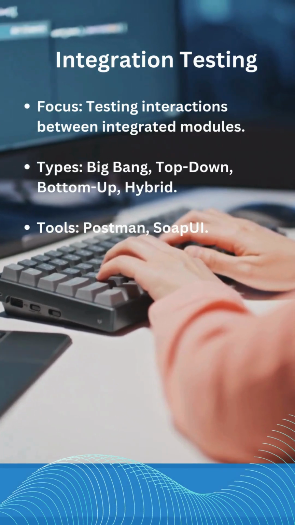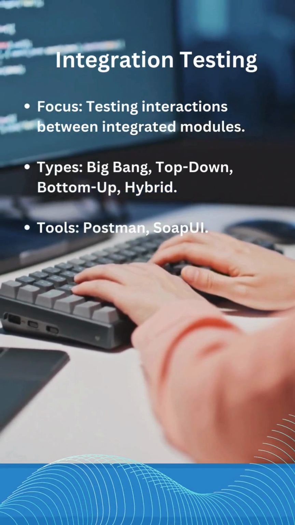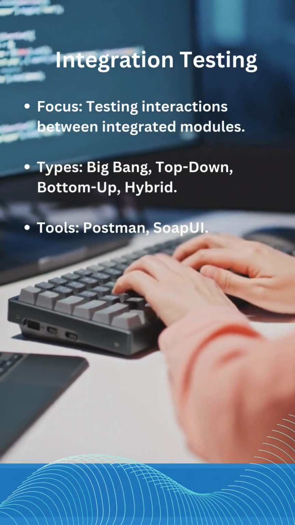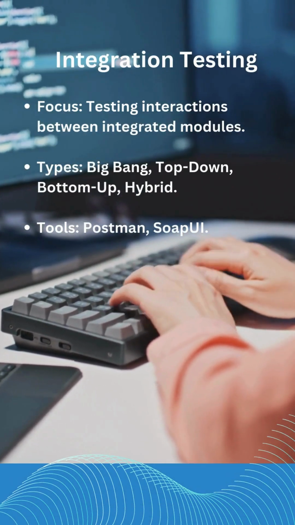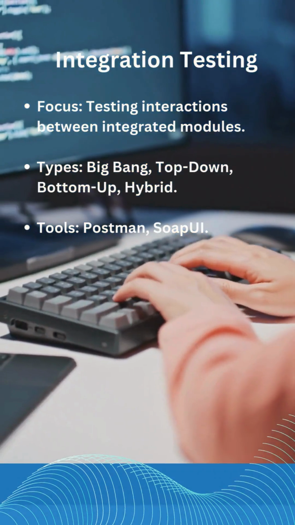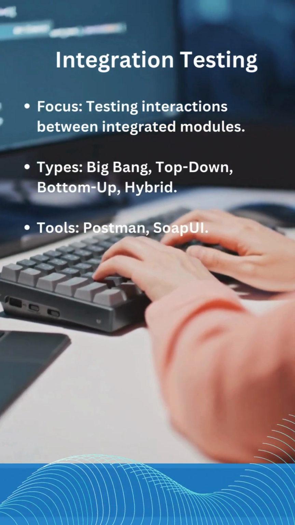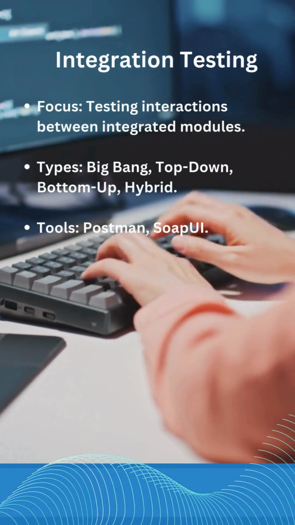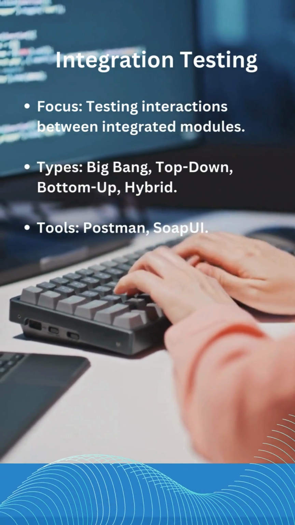Top-down means testing from the top level to the lower level of the application. Bottom-up means starting testing from the lower level and moving upwards. And hybrid is a mix of the top-down and bottom-up approaches. For integration testing, we use tools like Postman for API testing and SoapUI for web services.